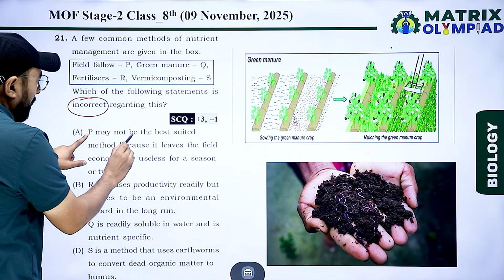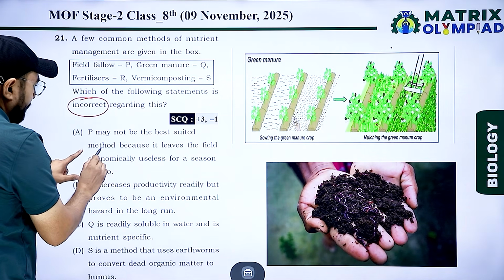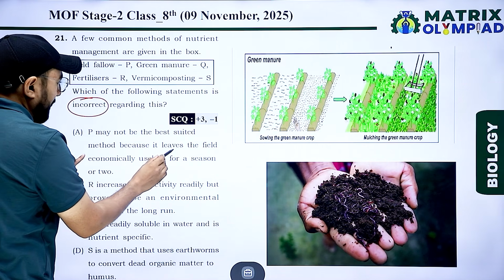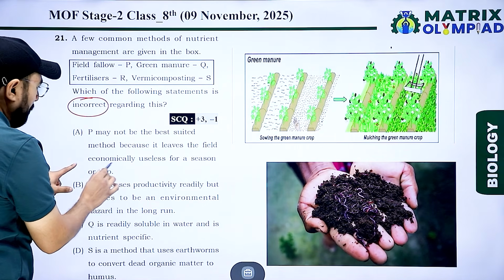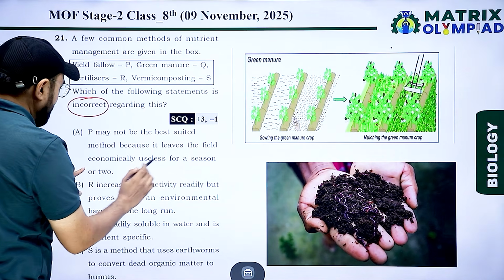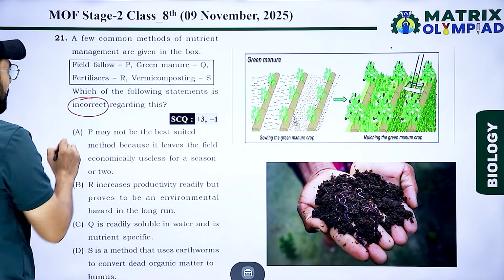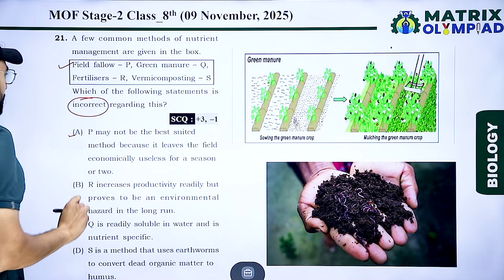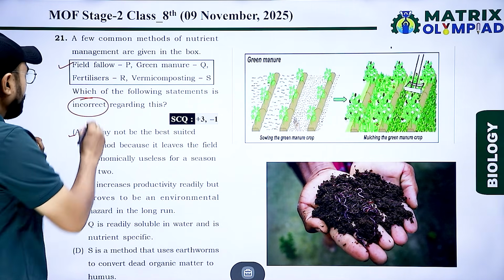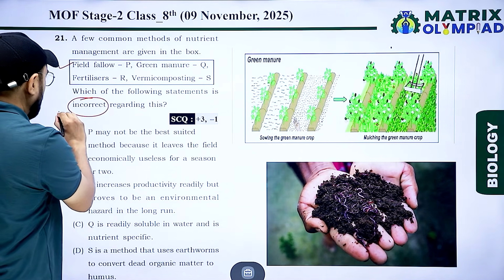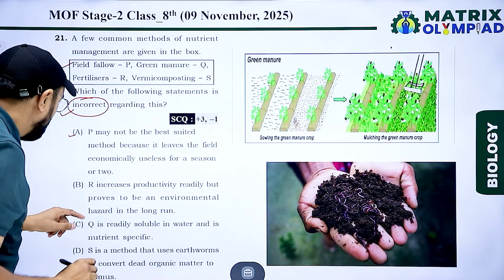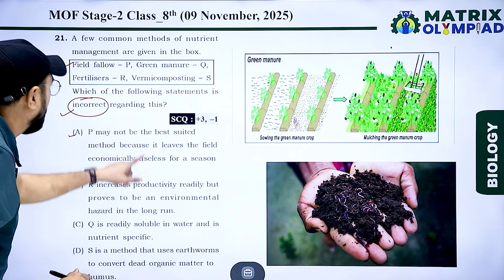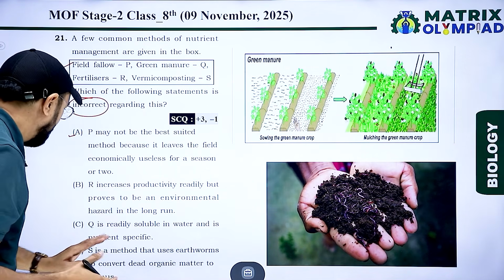P may not be the best suited method because it leaves the field economically useless for a season or two. P means field fallow, so this is right. R increases the productivity, right?